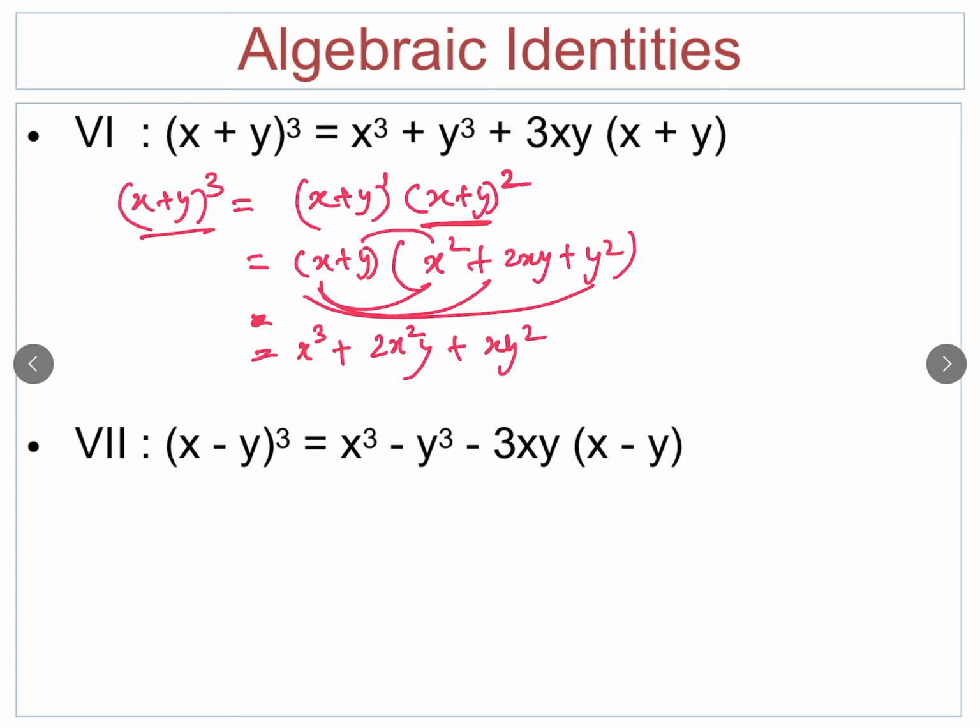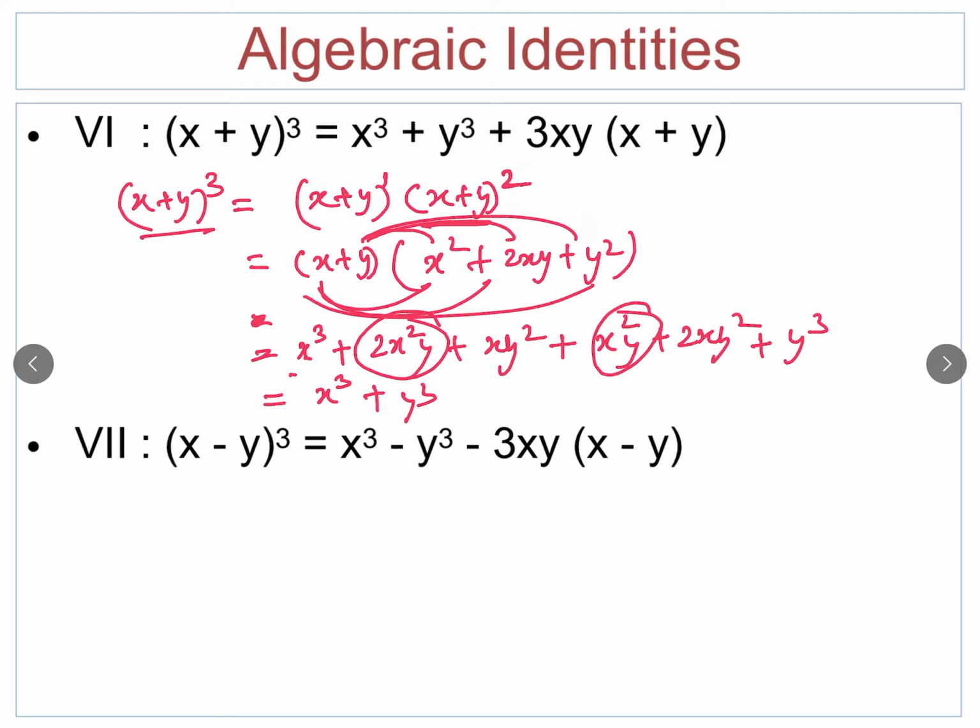Then we multiply this y with all the three terms here. This will be y into x square will be x square y, then y into 2xy will be 2xy square. Then we have plus y into y square will be y cube. Now we can write this as x cube first, then y cube. Now we have twice of x square y and 1 x square y, so this will be 3x square y.